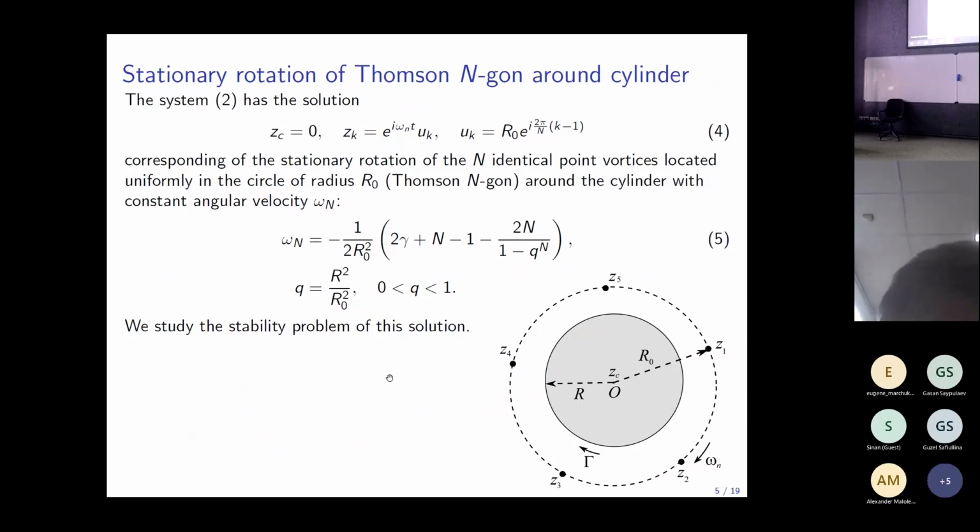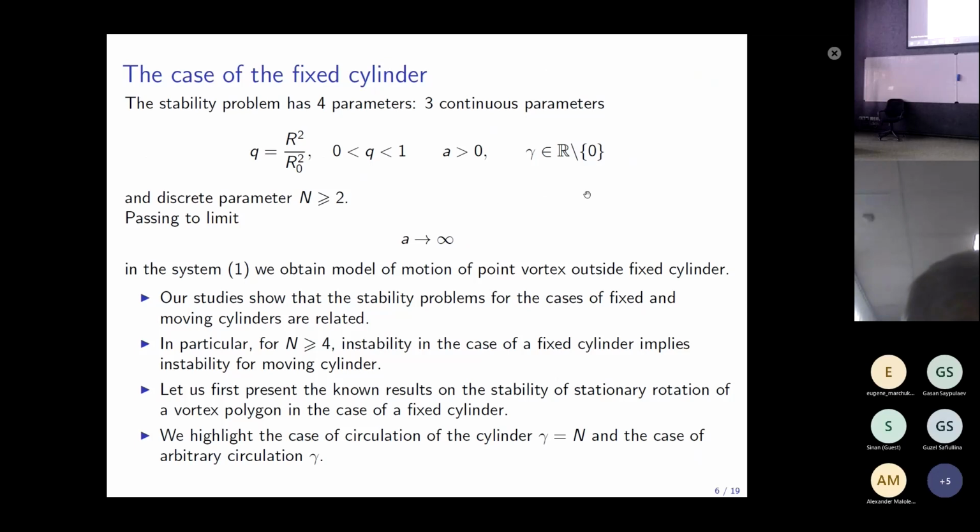We study the stability problem of this solution. The stability problem has 4 parameters: 3 continuous parameters, q from 0 to 1, A more than 0, and gamma, and a discrete parameter n.